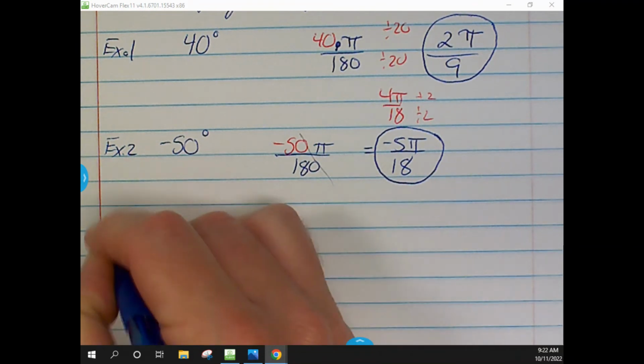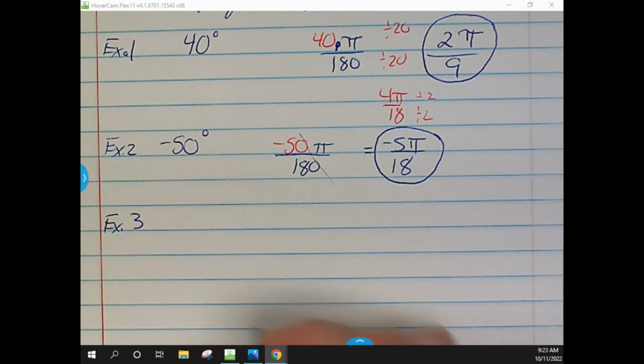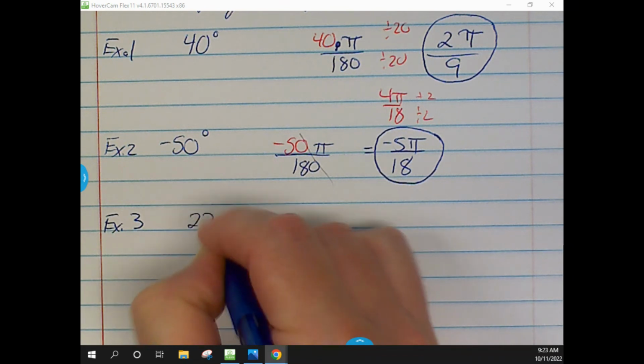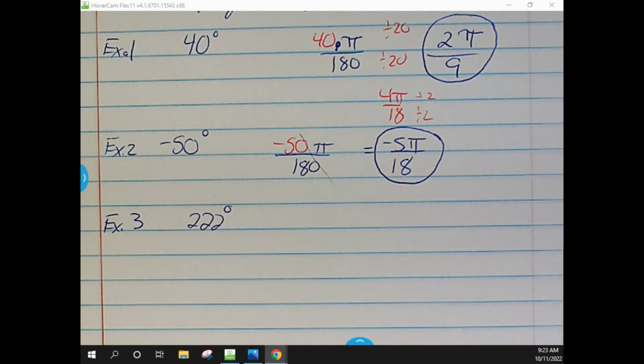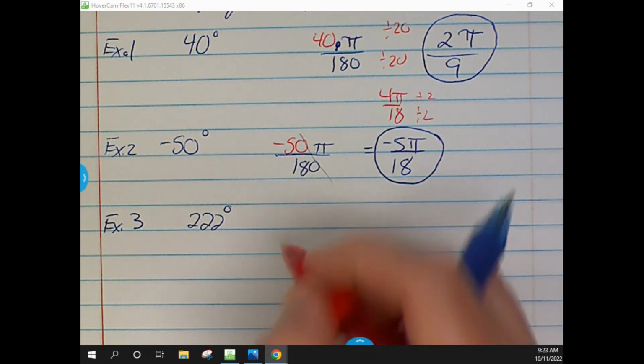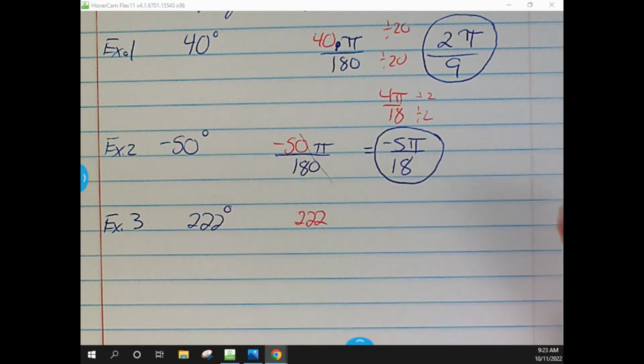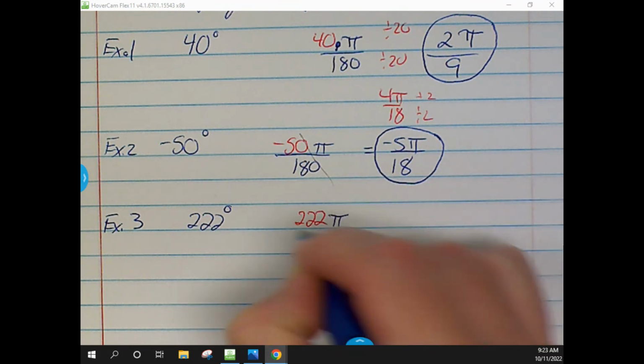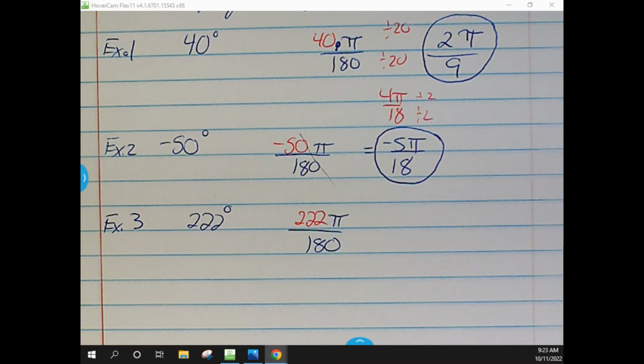All right, let's give you one that doesn't end in 0. Make you think a little bit. Let's go 222 degrees. So that's 222 pi over 180.